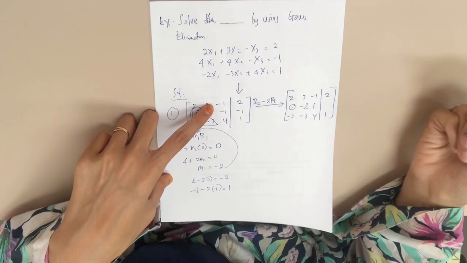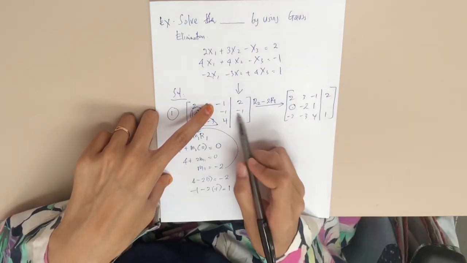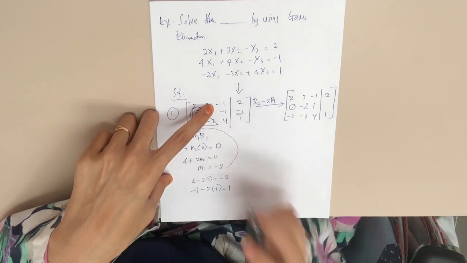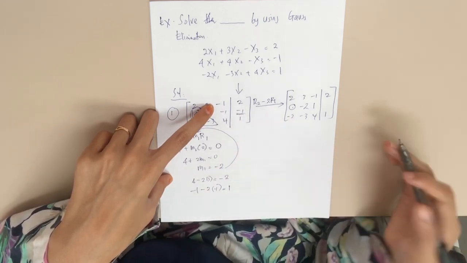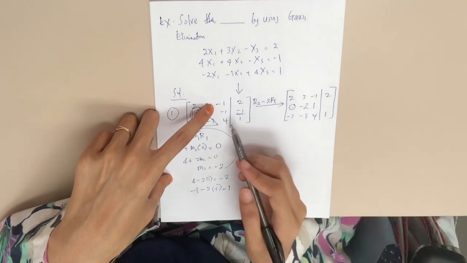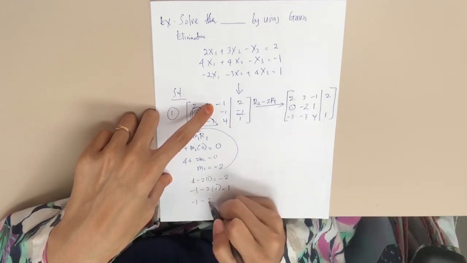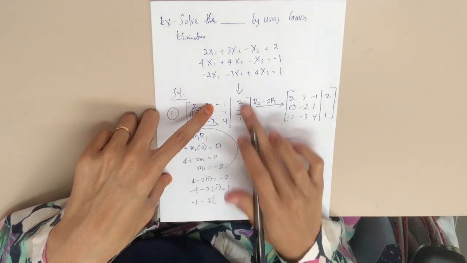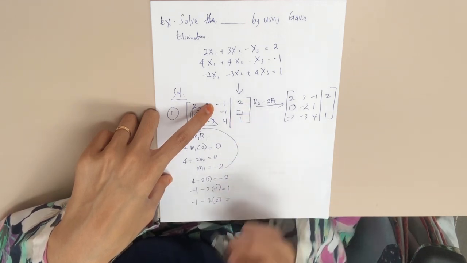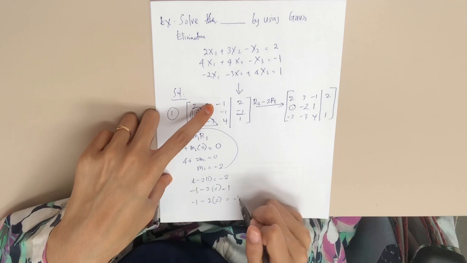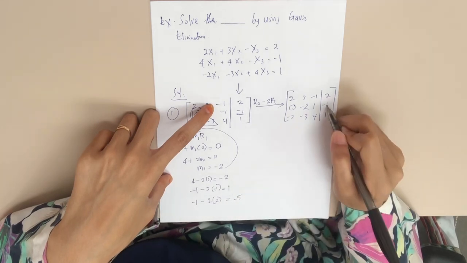So you write here 1. And then for this one, kat sini pun kena buat juga. This is the extra thing that you need to calculate, tak ada apa pun kan. So negative 1 here minus 2 times 2. So negative 1 minus 4, negative 5. So here is negative 5.